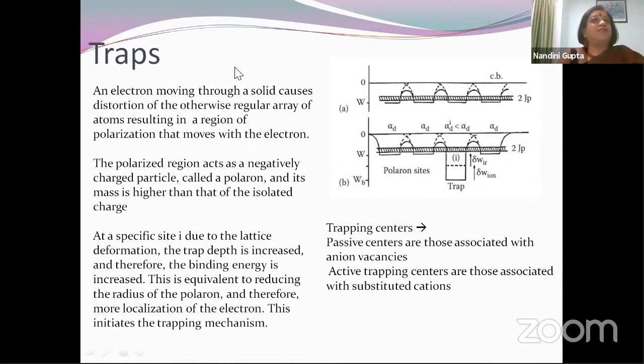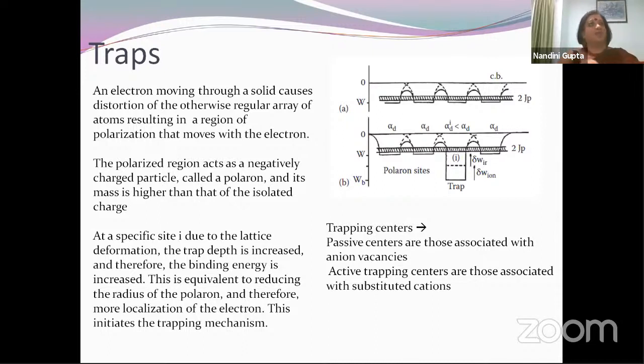Now, what do I mean by traps? If the charges are going to be trapped, they have to be trapped somewhere. Here I'm going to go a little bit into the physics. Imagine there is an electron flowing through the material. When an electron is in a particular vicinity, because an electron is a charged body, it would result in a charge disturbance in a very small region.